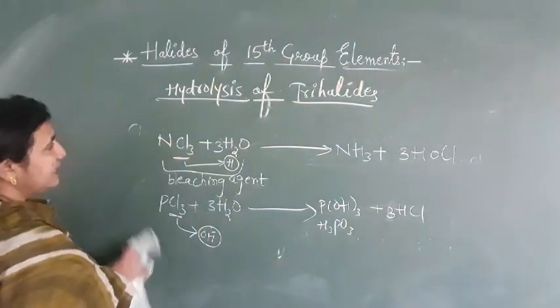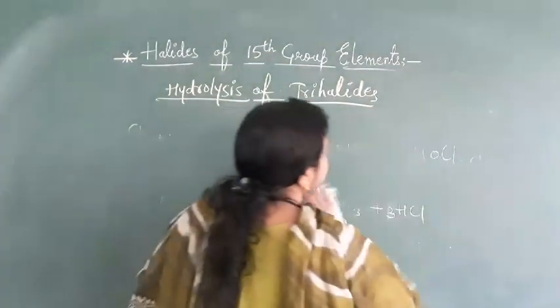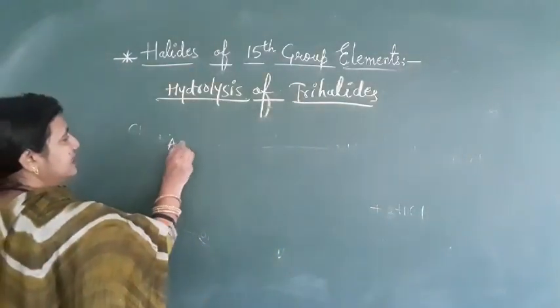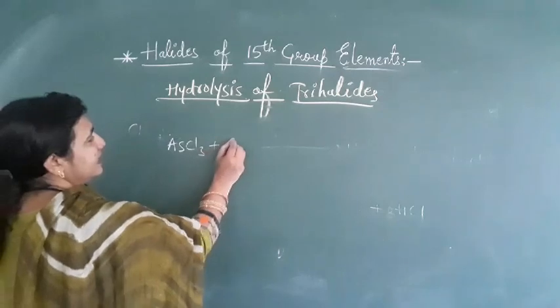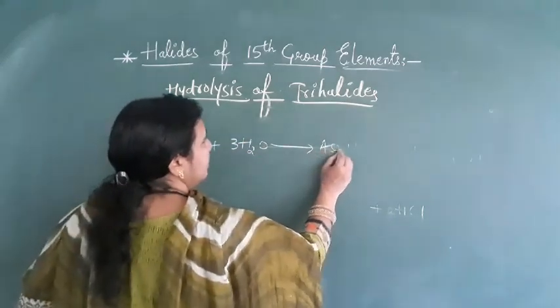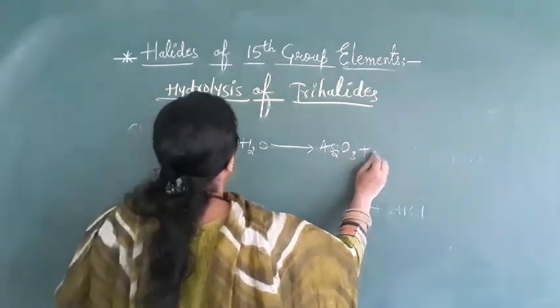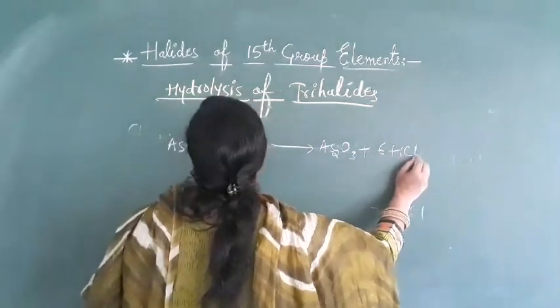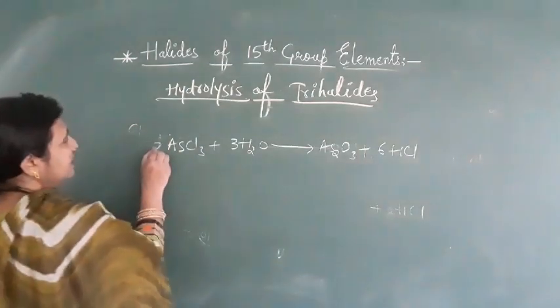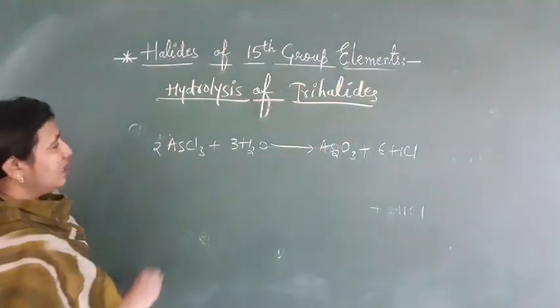Now take the example of AsCl3. Hydrolysis of AsCl3 plus H2O gives As2O3 plus 6 HCl. With antimony, 2SbCl3 plus H2O gives SbOCl plus 2HCl.